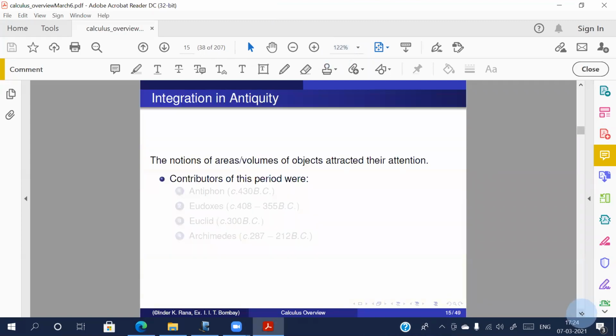So basically, integration in antiquity meant calculating areas and volumes of objects. The philosophers who contributed were Antiphon, Eudoxus, Euclid, and Archimedes.